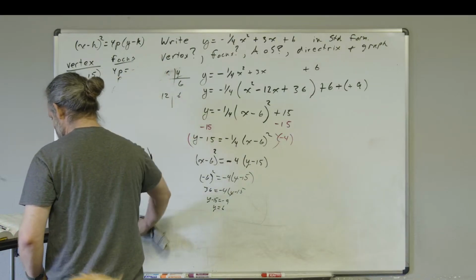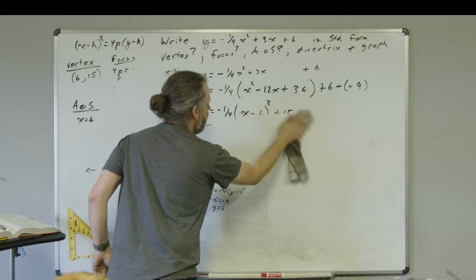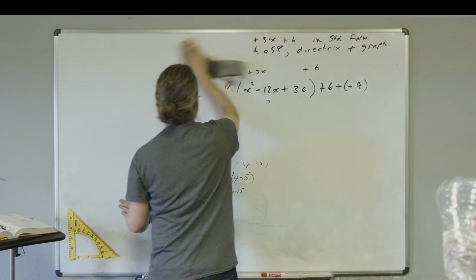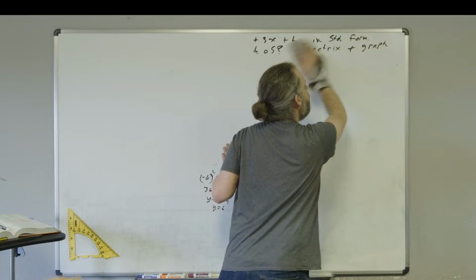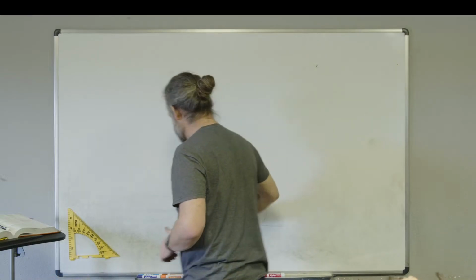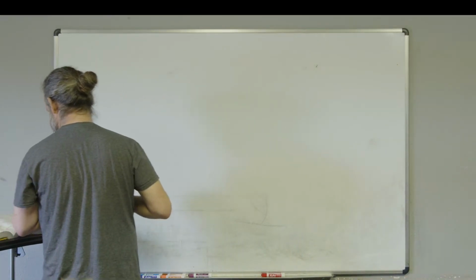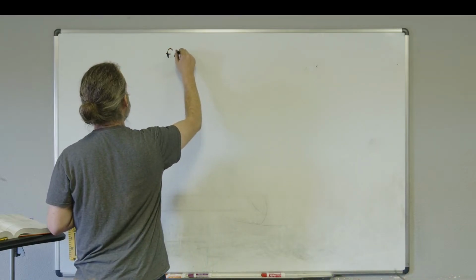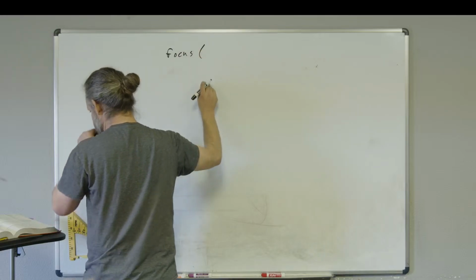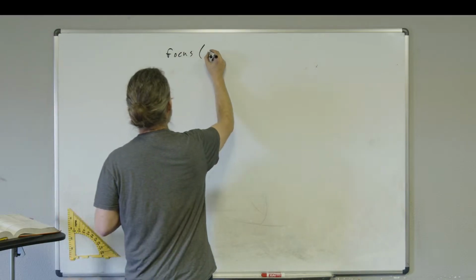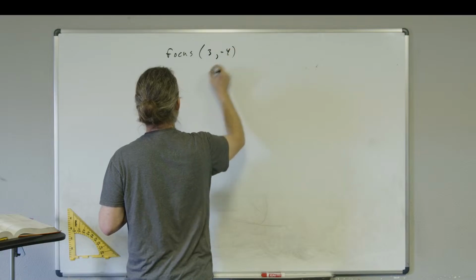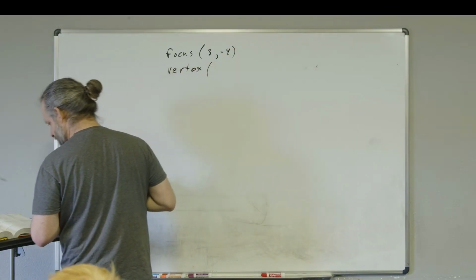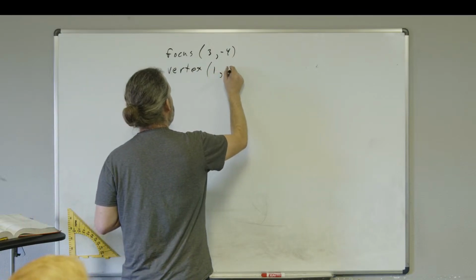So we're going to write an equation and then graph, but we're probably not going to worry about graphing because y'all can do that later. We're going to write the equation of a parabola that has a focus at 3, negative 4, and a vertex at 1, negative 4.